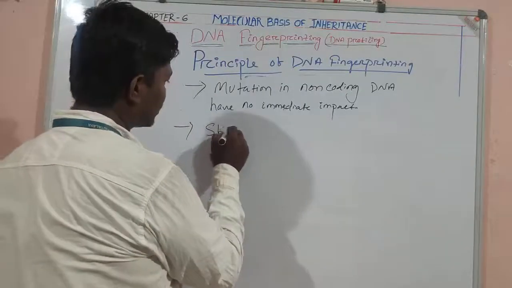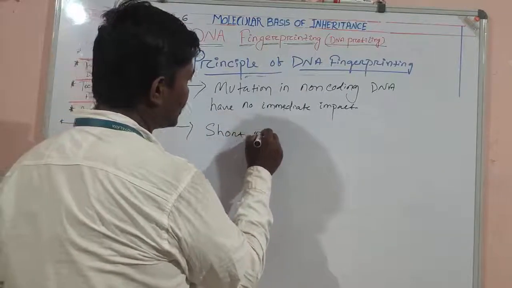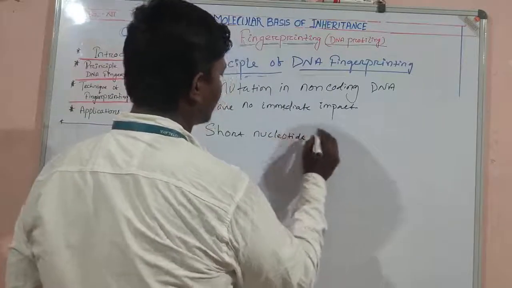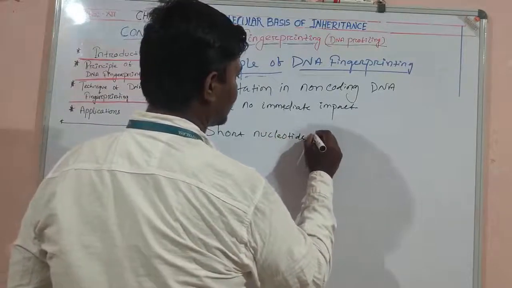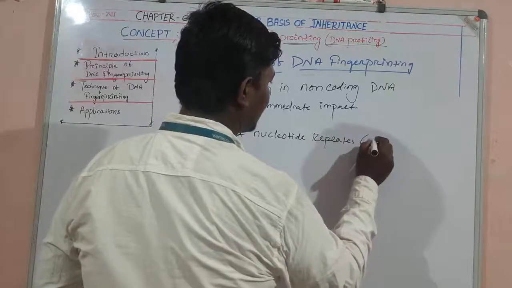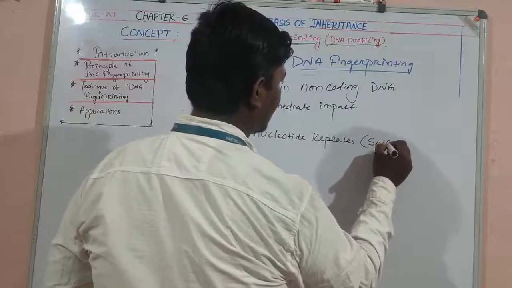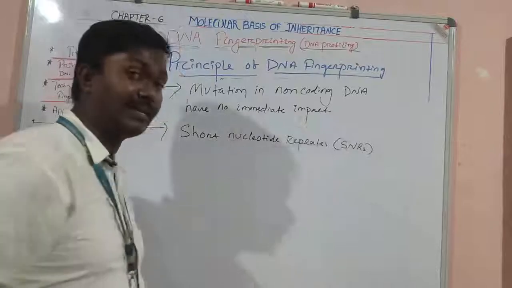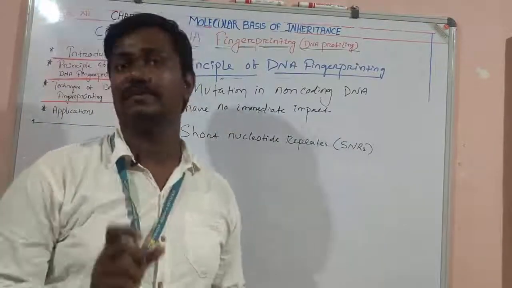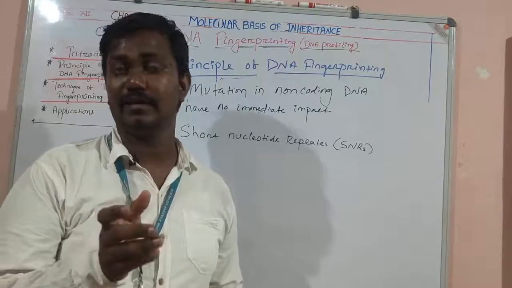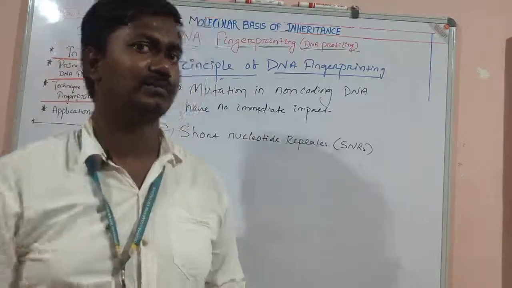Short nucleotide repeats are very specific to each individual, and the number varies from individual to individual.